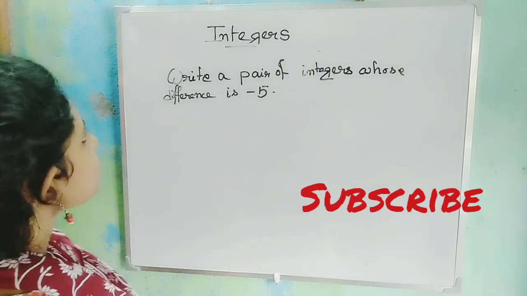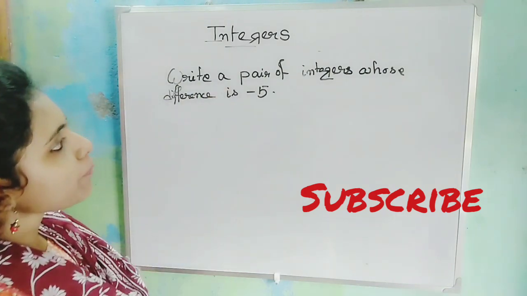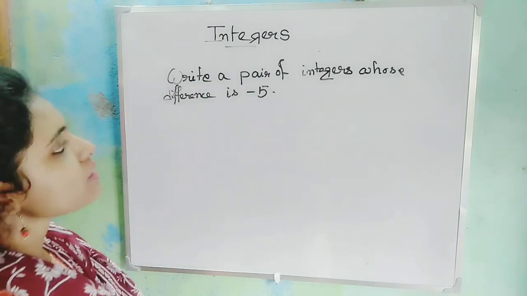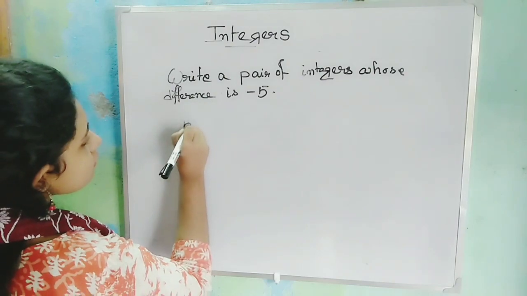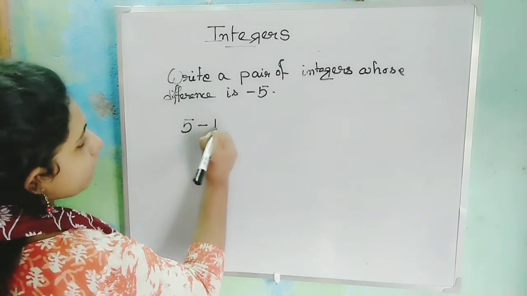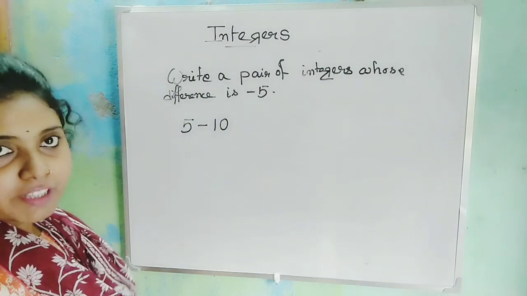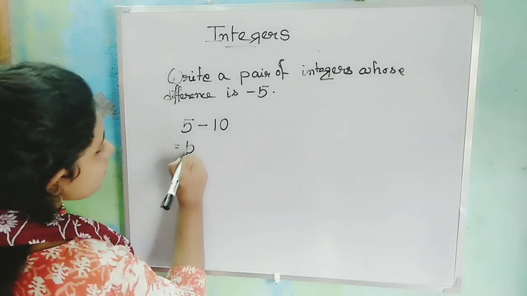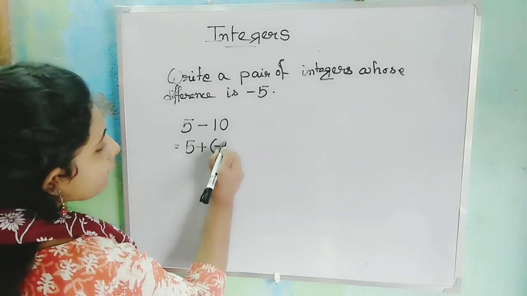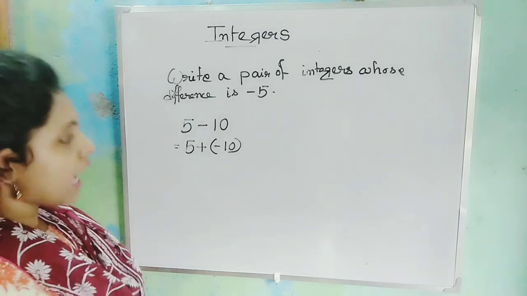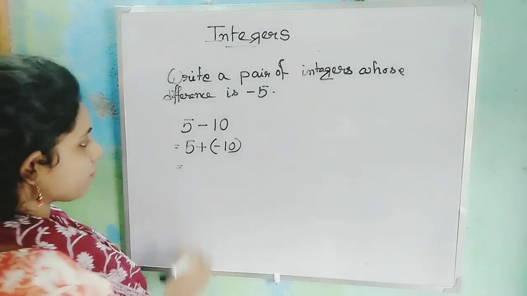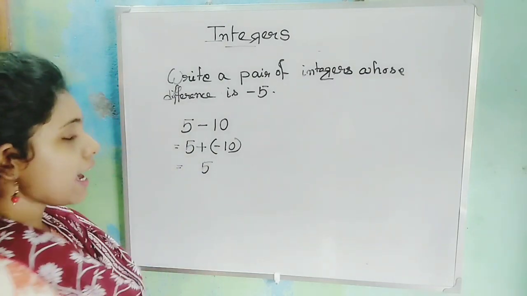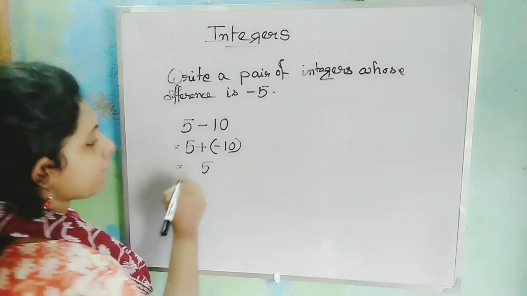Now we will solve a sum about this topic. See, write a pair of integers whose difference is minus 5. See, if we write 5 minus 10, what will be the value? This means 5 plus minus 10, and then we will do 10 minus 5, that is 5, and the sign will be minus.